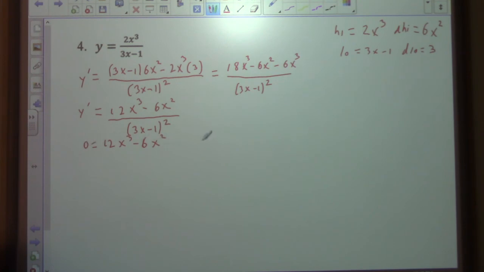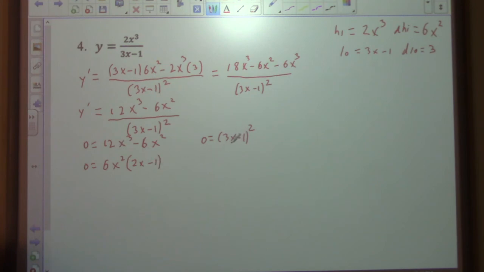What else do we have to set equal to 0? This thing down here, right? So we have 0 is equal to 3x minus 1 squared. And so now, the greatest common factor I'm seeing here is 6x squared. And then here, left, we're going to have 2x minus, what's this going to be here? 2x minus 1.